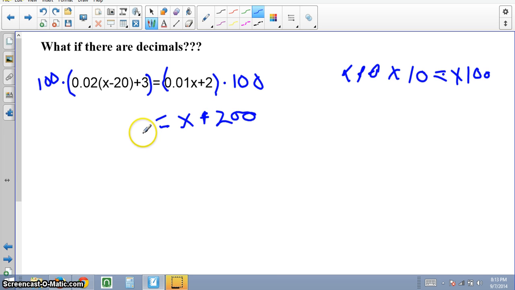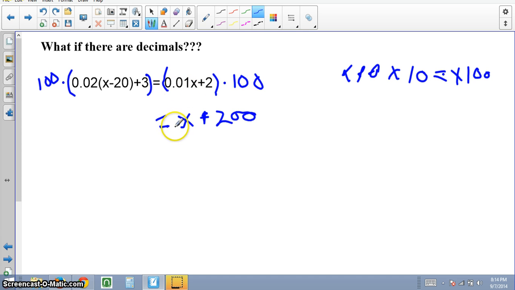How do you get 1 from 100 times 0.01? Remember, when you multiply by powers of 10, 100 is 10 squared, so squared means 2. Move the decimal once, twice, so it's 1x.